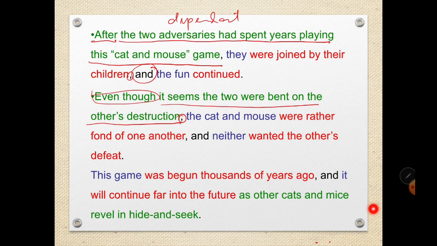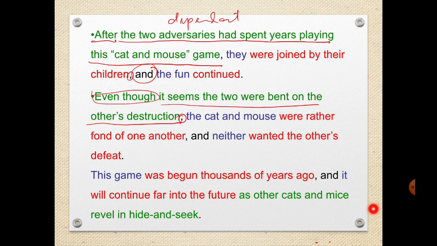And then you have a comma here. The cat and mouse were rather fond of one another, comma, and, again a FANBOYS, neither wanted the other's defeat. So you have two independent clauses combined at the last part of the sentence.